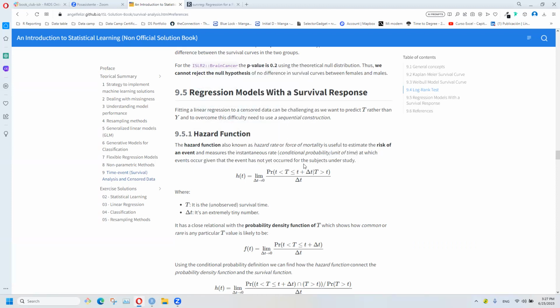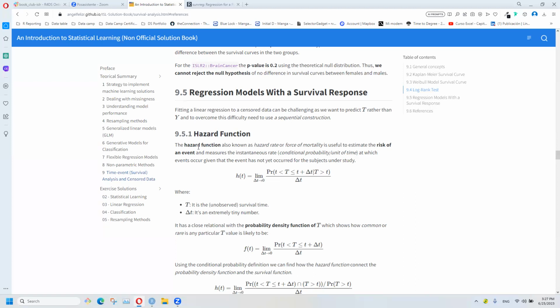So it's like a derivative, because you have this delta t with the limit to 0. As you can see here, we are getting the probability that the event happens just after this time t, given that the event hasn't taken place yet.